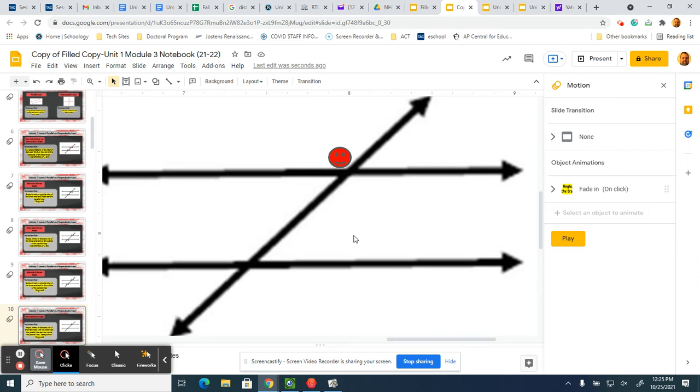Just look at the top line. See how it's in the top right? Corresponding means it's in the same position on the bottom line. So that means it would be in the top right of the bottom line also. So it goes right here. So again, it still fits the other definition, one is on the inside, one is on the outside, but they're the same position.